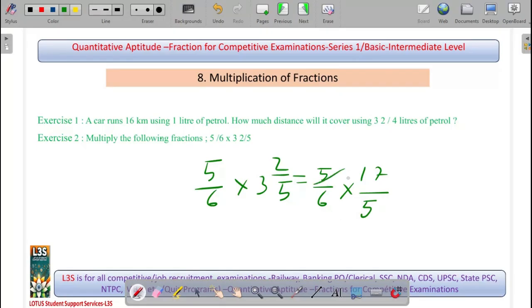Now we can simplify it and we'll get 17 by 6, which we can write as a mixed fraction also. Okay.